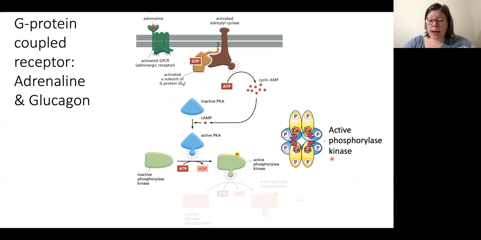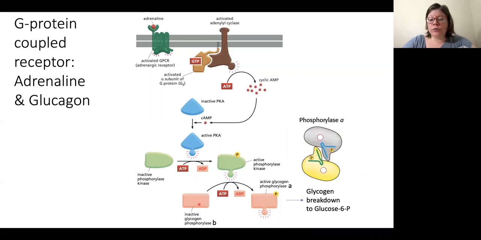Active phosphorylase kinase is going to go on to phosphorylate glycogen phosphorylase from the B form to the A form. The A form is the catalytically active version of the molecule. Again, it's a simplified version here, but you remember your textbook shows phosphorylase A being a dimer that has 2 phosphorylated residues, one in each of the proteins. And this active phosphorylase A is able to bind glycogen and break it down into glucose 6-phosphate.